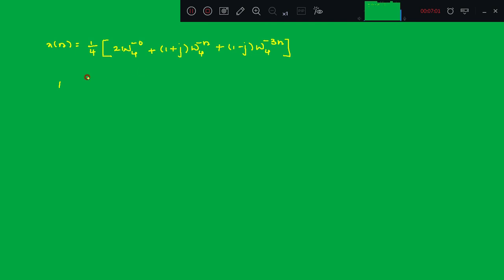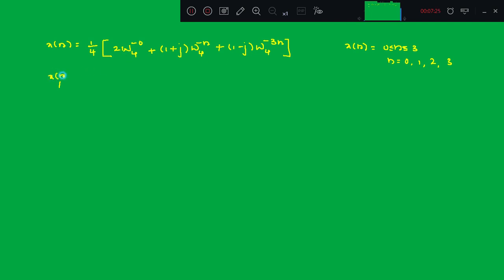So now in order to calculate x of n, where n varies from 0 to N minus 1, that is 3. So n varies from 0, 1, 2, 3. By substituting these n values, you will get the sequence x of n. So let us substitute n is equal to 0 here.